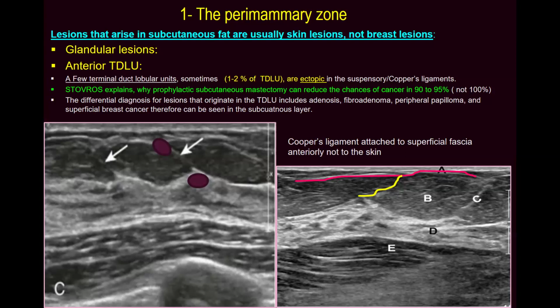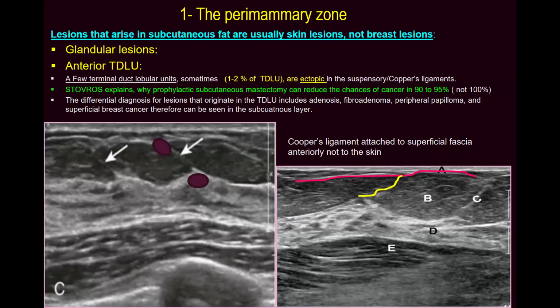And this can be seen only in 1 to 2%. Almost 99% of TDLUs and ducts are within the mammary zone, but 1 to 2% can be seen ectopic in the pre-mammary zone, and extremely rarely even within the Cooper ligament in the retro-mammary zone.